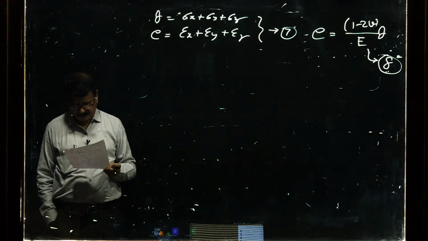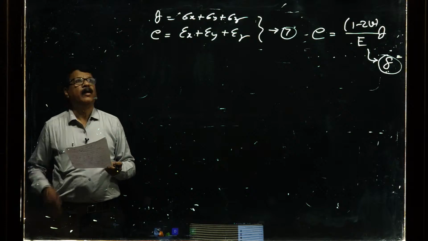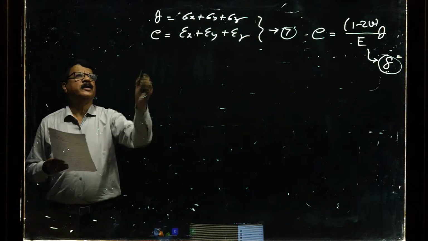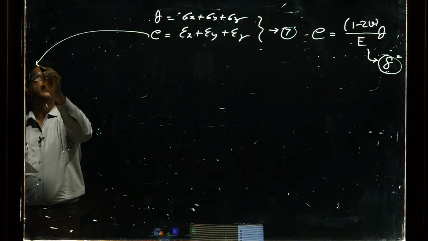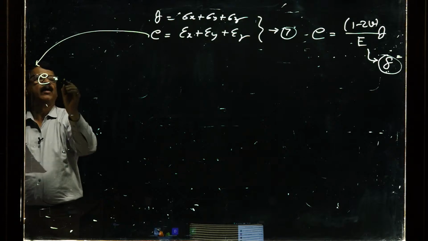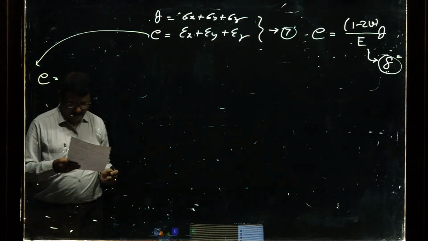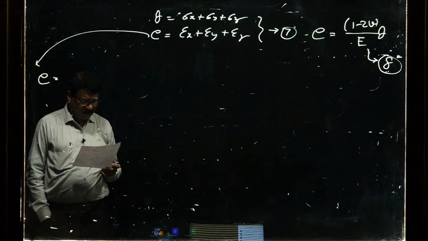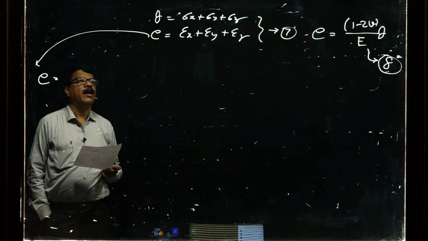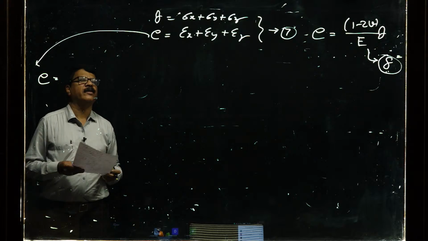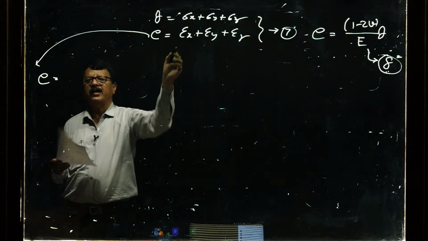Now in this equation you put the value of epsilon x from equation 3. Now you tell me what is the value of epsilon x from equation 3.